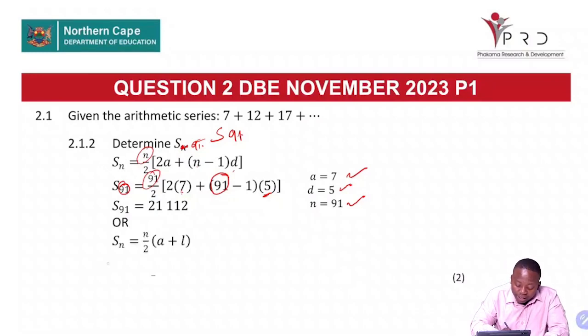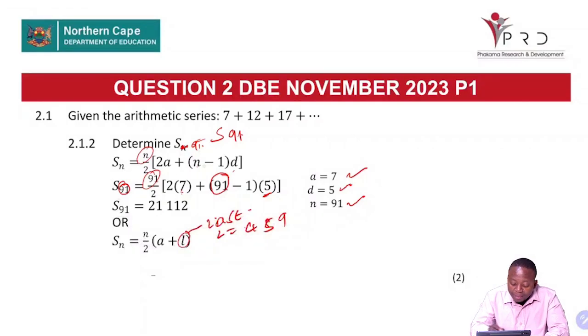Or we can use Sn is equal to n over 2 times (a plus l), which requires us to find the last term. Our last term in this case will be 457, because we're working with T91. Remember, it's S91. In the previous formula, we found T91, which is 457.